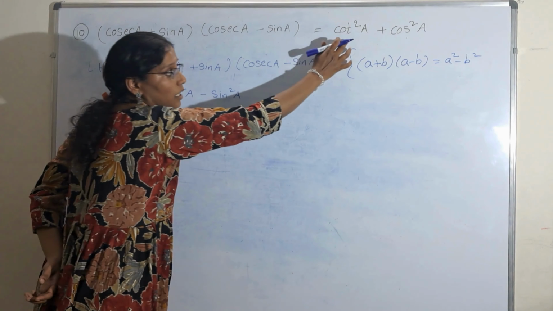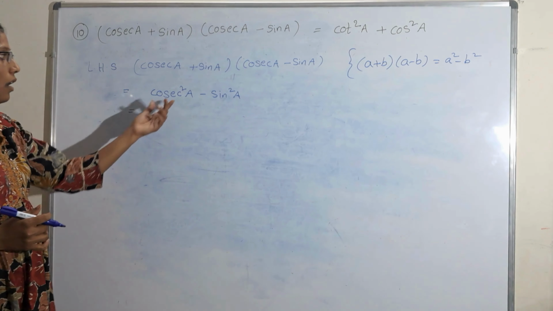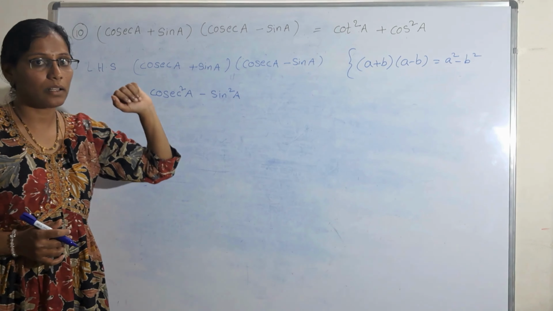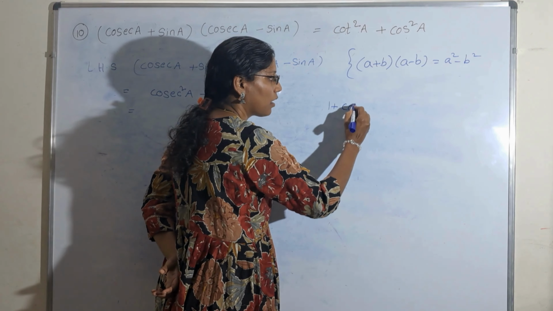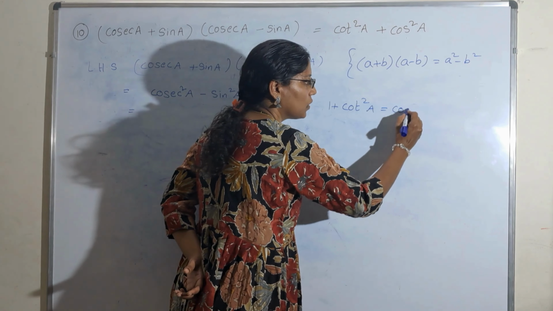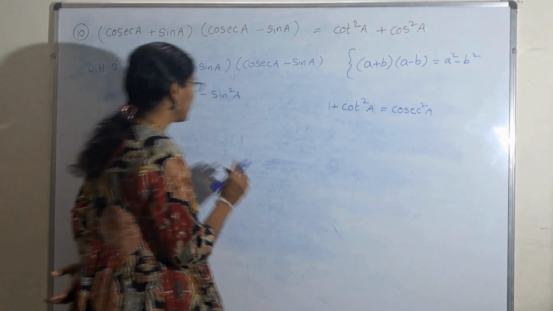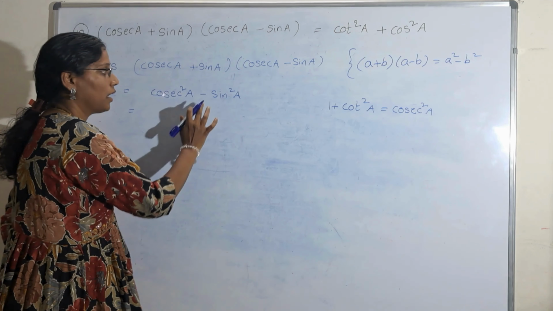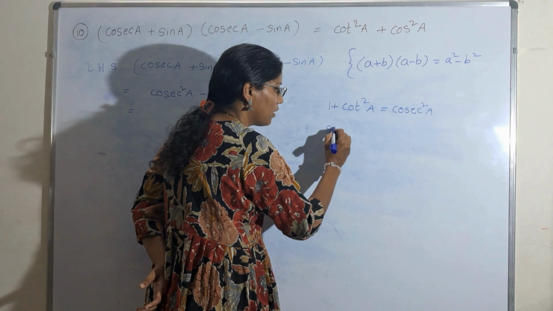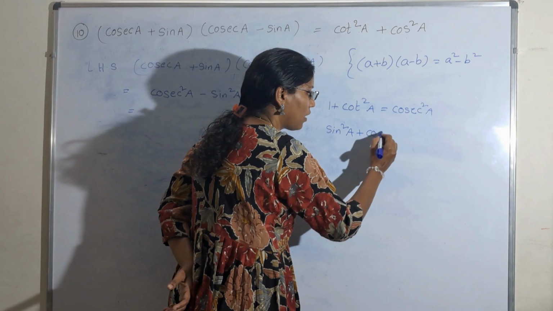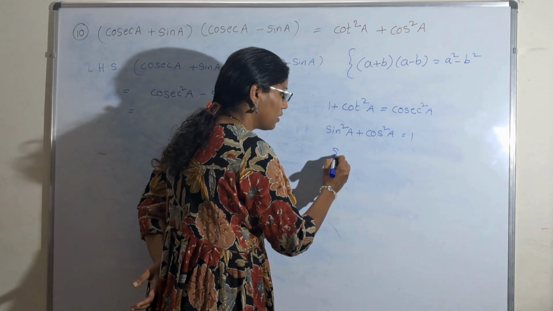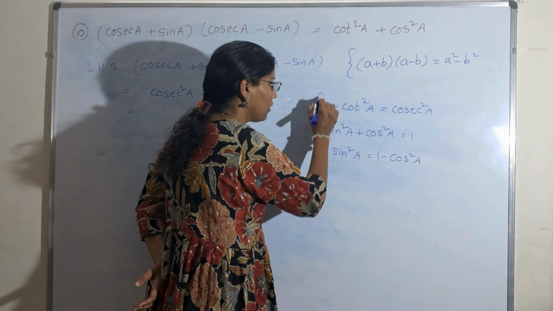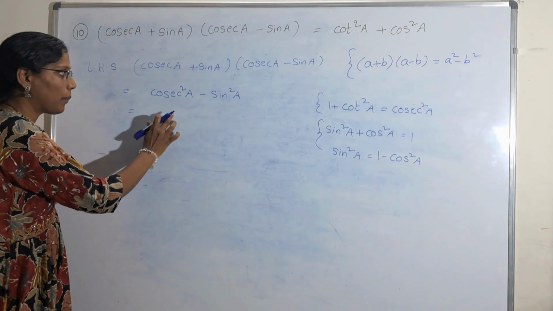But our answer is cot square A plus cos square A. The relation between cosecant A and cot A, an identity, we can use here, and also the one between sin and cos. 1 plus cot square A is equal to cosecant square A. Here cosecant square A we can write as 1 plus cot square A, minus sin square A. Sin square A plus cos square A is equal to 1, so sin square A is equal to 1 minus cos square A. These two formulas we should apply here.